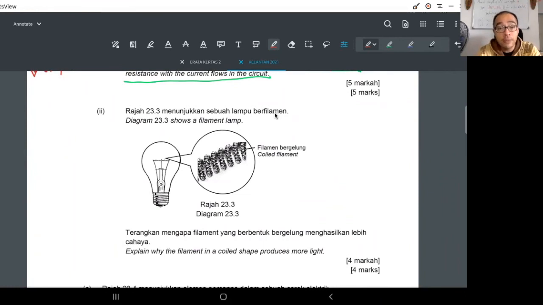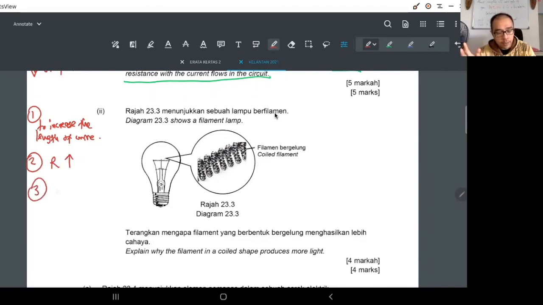Okay, so the filament in the coil shape produces more light because, to increase the length of wire. That's number one. When you increase the length of the wire, the resistance increases. Okay, when the resistance increases, more heat energy is produced.